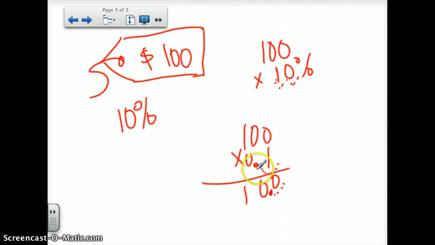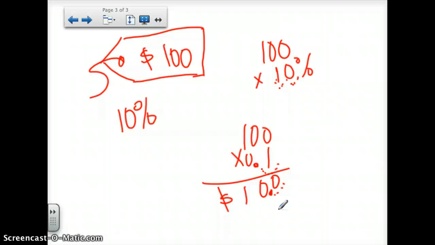So how much money is that? $10. So now, the thing I wanted to buy for $100, is it $10? No. It's $10 off. So how much would my thing cost?